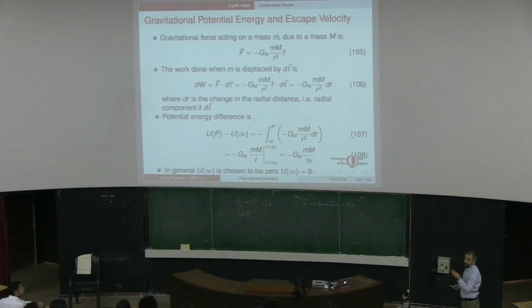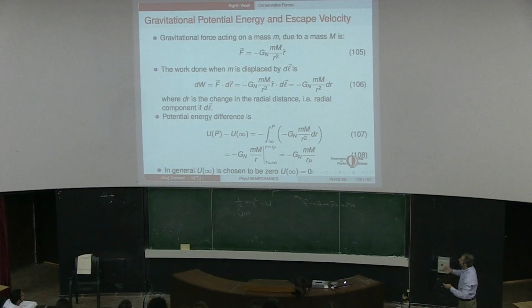So if I brought one of them from infinity to this point, while I'm bringing the other one, this is a force that it feels. If I displace it by dr, the work done on this object by this force will be given by this quantity over here.